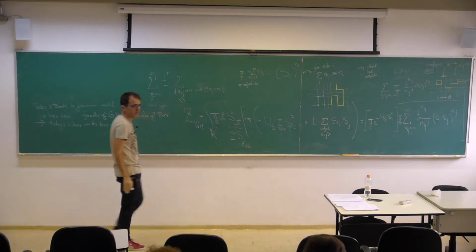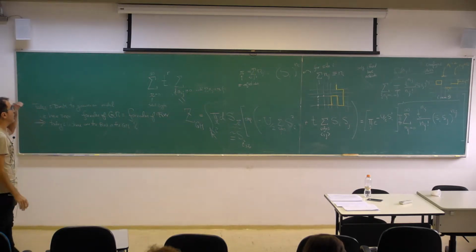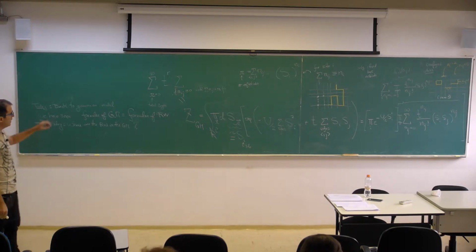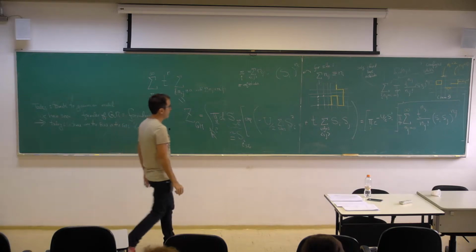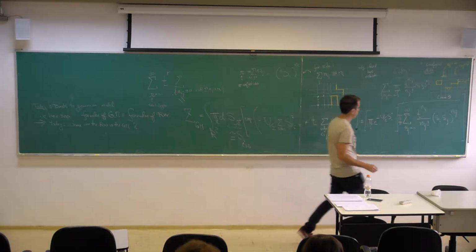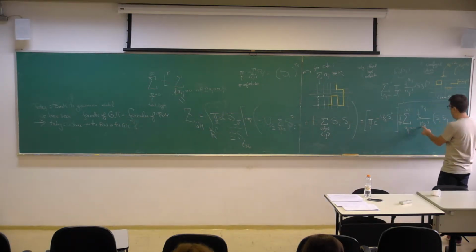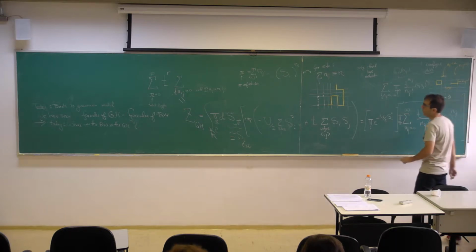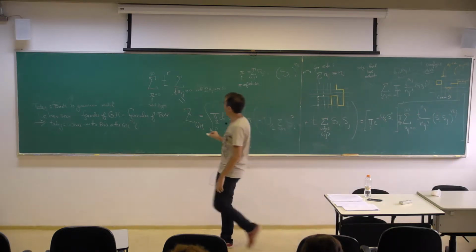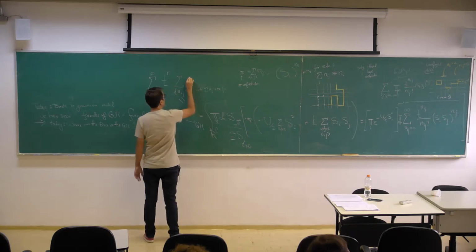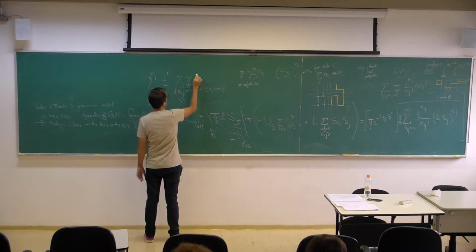So I sum over all Nij's. And then I want to argue with the number of sticks. Then I have the product over edges of 1 over Nij factorial.